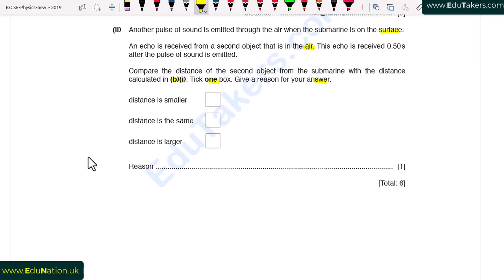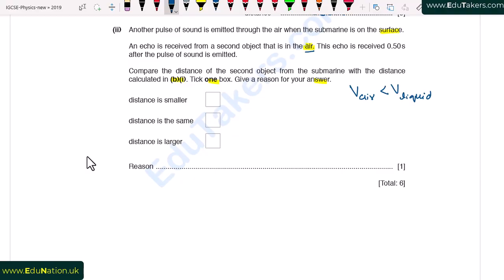So here we have to tell whether the distance is smaller, same or larger. We know that the speed of sound is less in air as compared to the speed of sound in a liquid. Here the second object is in air, so the speed will be smaller.